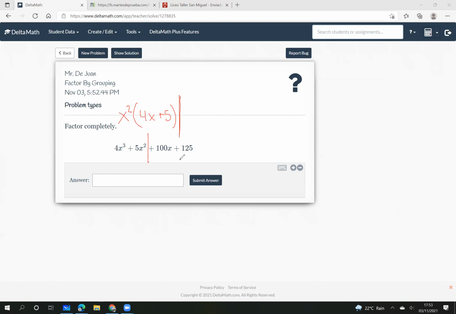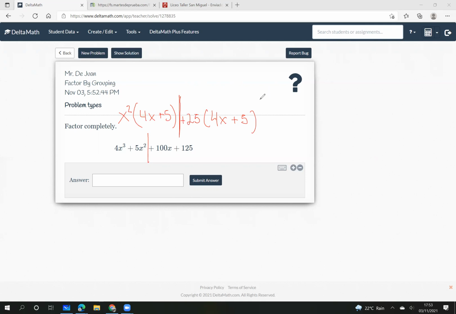¿Qué es lo que tengo en la derecha? 100x más 125. Muy bien. Tengo 4x más 5. Yo sé que 4x más 5 tiene que también existir aquí, ¿no? Y eso me deja que tengo un 100 y tengo 125. 100 dividido por 4 me da 25.